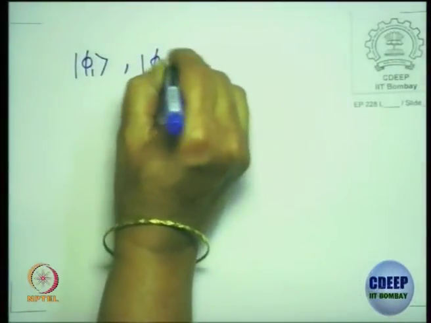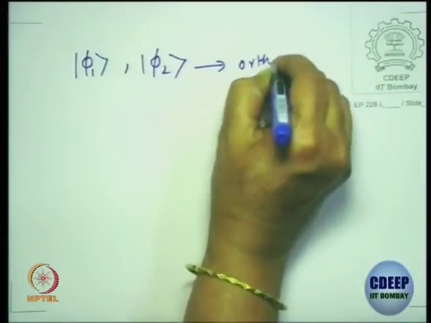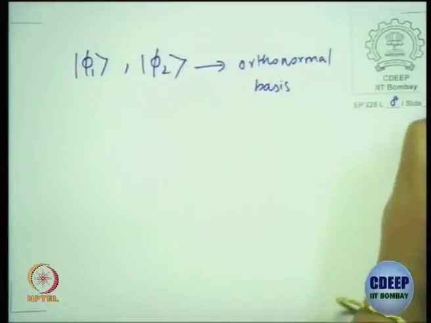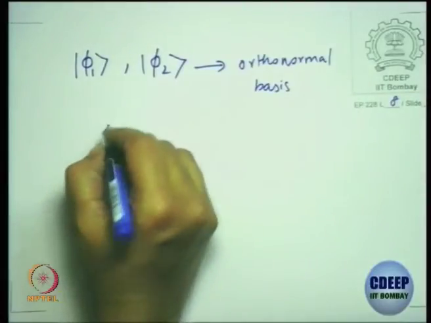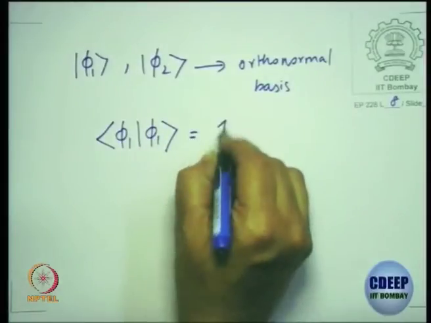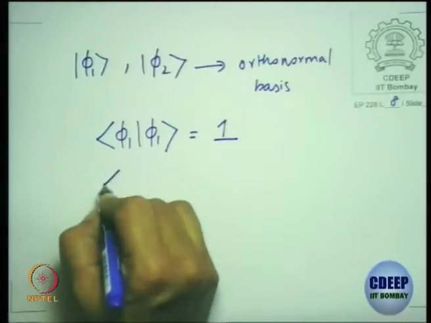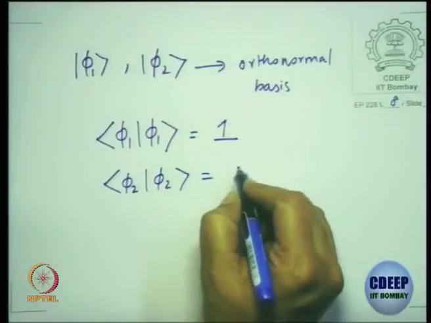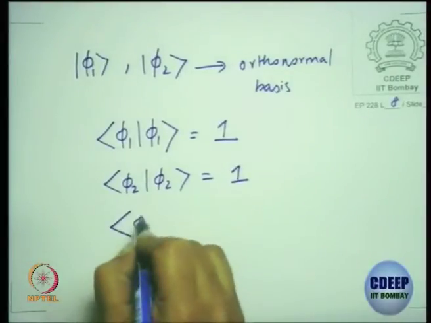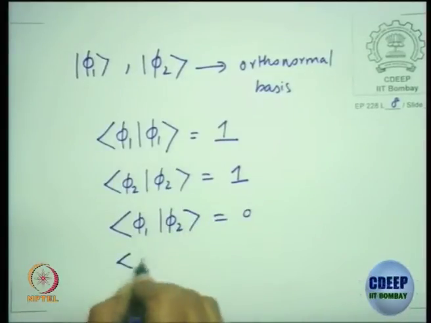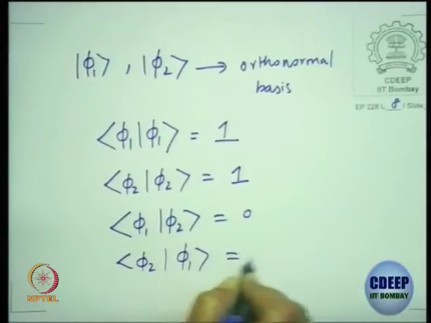So, we call phi 1 and phi 2 to be orthonormal bases. When is that? When the inner product of phi 1 with phi 1 equals 1, phi 2 with phi 2 equals 1, and phi 1 with phi 2 equals 0, phi 2 with phi 1 also equals 0.